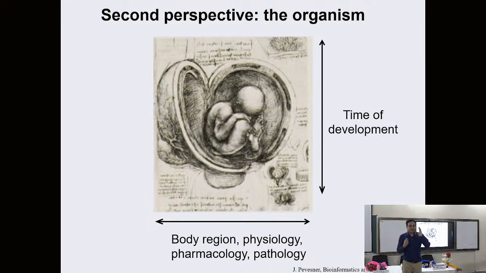So you compare a healthy with a sick individual, and you focus on comparing the expression of genes between healthy and sick individuals, and identify those genes that are differentially expressing between the two.